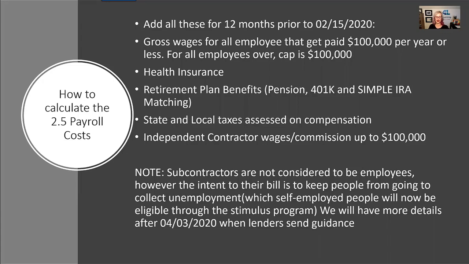And then healthcare is how some of this money can be calculated, and then retirement plans are part of it. And part of the cost is calculated based on your sales tax and local taxes. So you can use this money to pay for those types of costs.